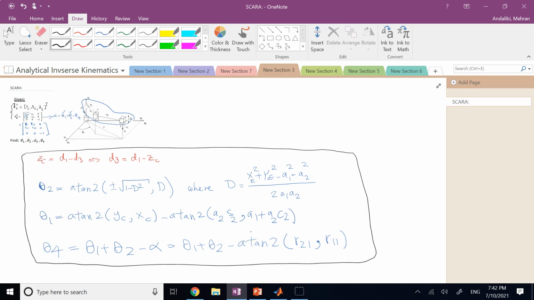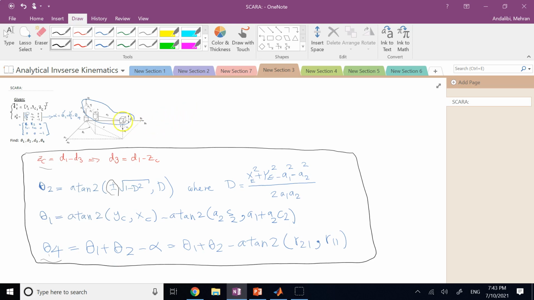And again, clearly you see there are 2 solutions because of this plus and minus, elbow up and elbow down. For the Z direction, there is only 1 solution that comes in from here and here. Okay, of course, theta 4 can be 2 angles because there are 2 pairs of theta 1 and 2. But in general, there are 2 solutions for inverse kinematics of this.